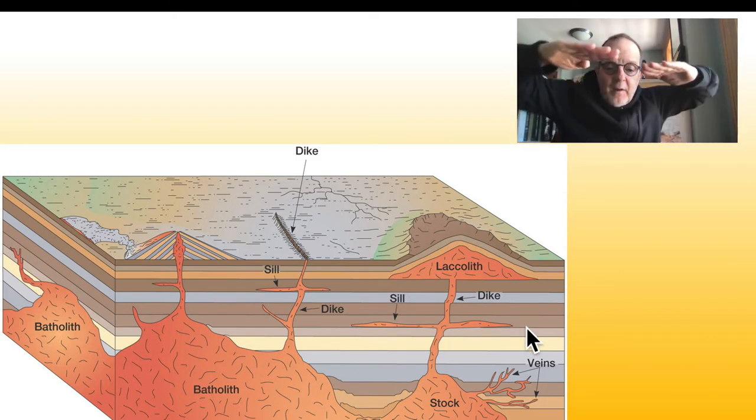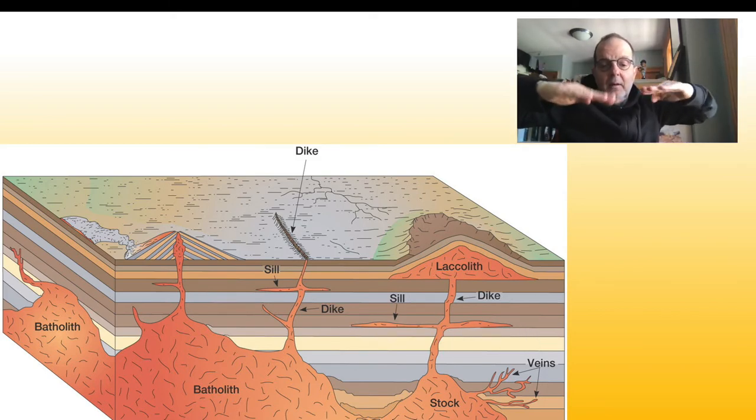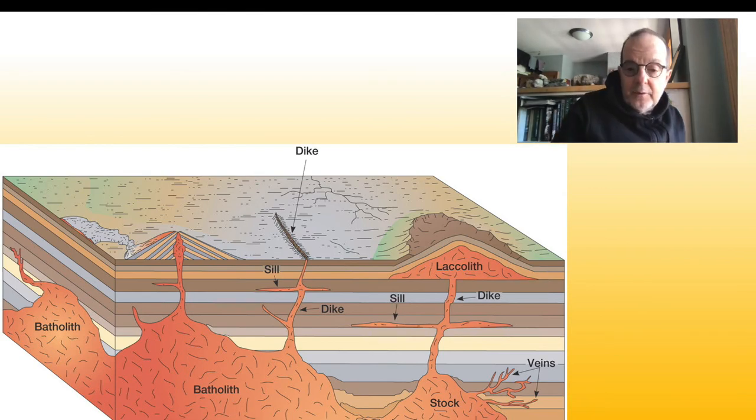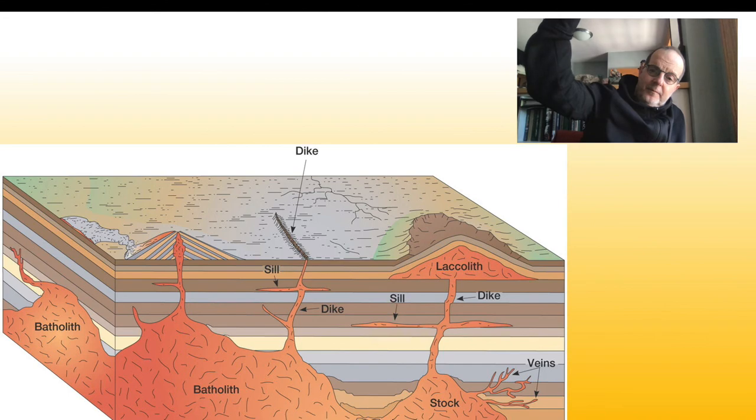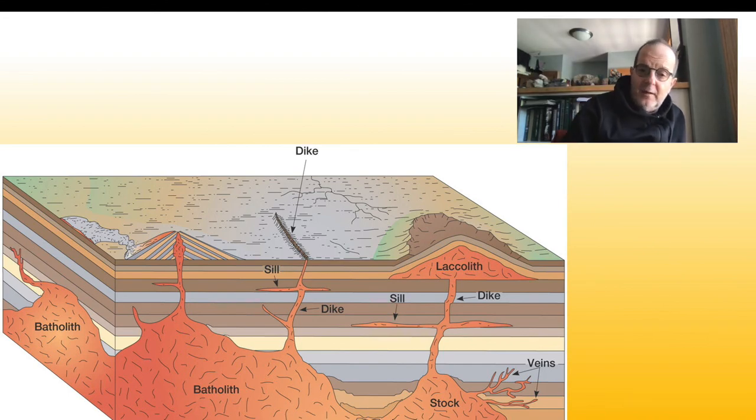Here's your sill, a horizontal movement of magma or lava in the ground that melted through existing rock and ended up as sort of a sill under the earth. The stock is just magma that moved out of the batholith, melting and creating its own little chamber. The laccolith is a formation that is pushing up and shifting the surface of the earth above it.